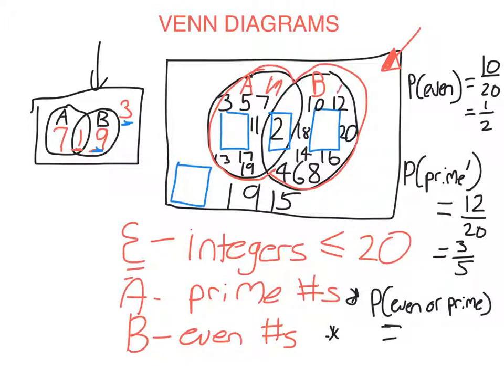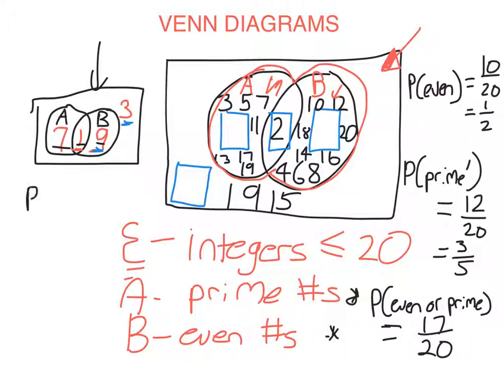All of these numbers inside the circles are even or prime or both. So the total number of them is 7 plus 1 plus 9, which is 17. So I have a 17 over 20 probability, or 0.85, that I pick a number that is either even or prime. That would have been a hard question to answer without the Venn diagram.